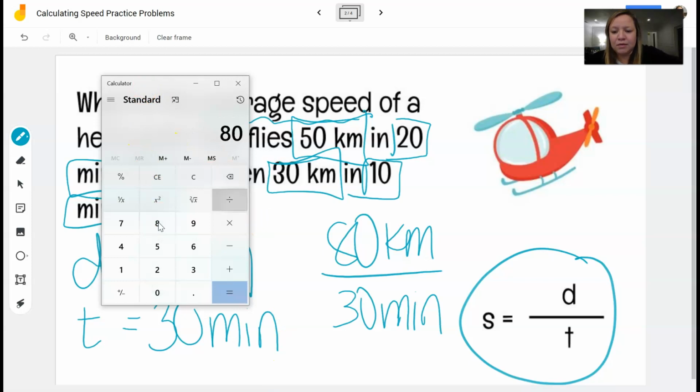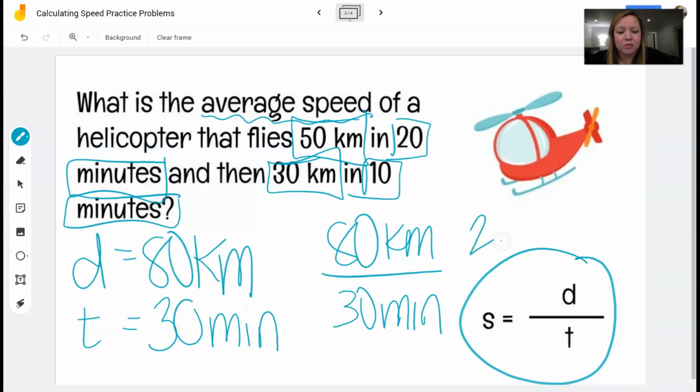And 80 kilometers divided by 30 minutes gives me 2.67 kilometers a minute. So that was the average speed of the helicopter over that total distance and the total time. But like I said, I could still find the speed at 20 minutes, and then I could find the speed at 10 minutes to see how the speed changed or how it was different at each of those times. That would be instantaneous speed.